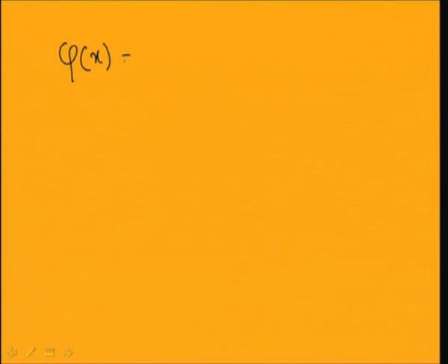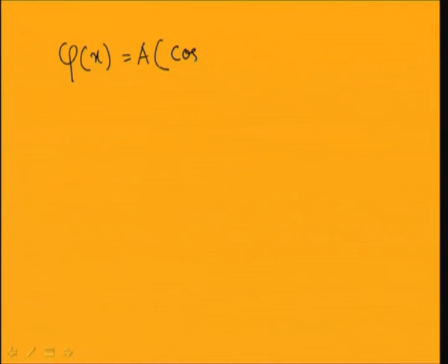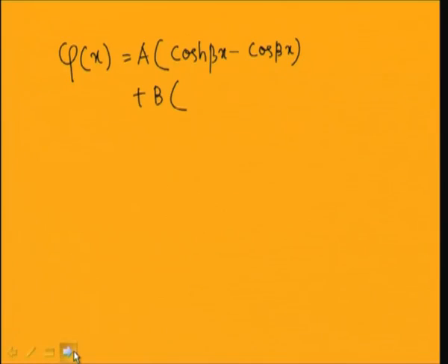Taking a common, this becomes cos hyperbolic beta x minus cos beta x, plus b into sin hyperbolic beta x minus sin beta x. So psi x equal to a into (cos hyperbolic beta x minus cos beta x) plus b into (sin hyperbolic beta x minus sin beta x).